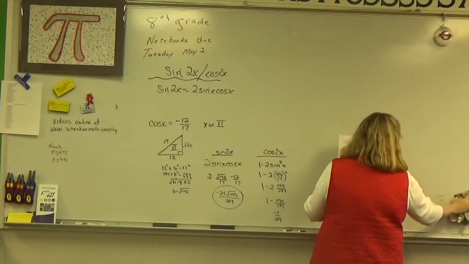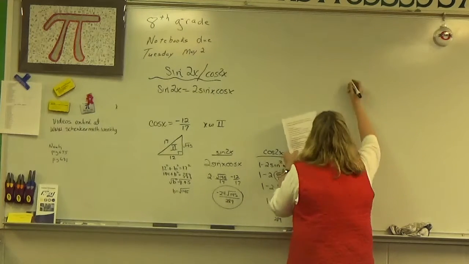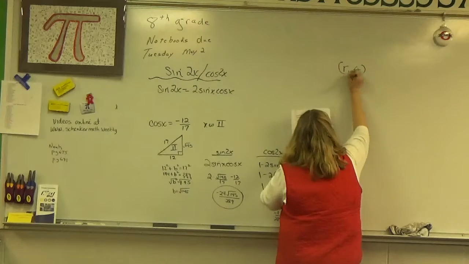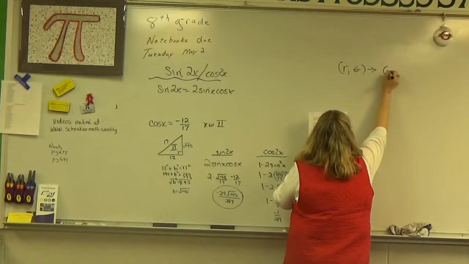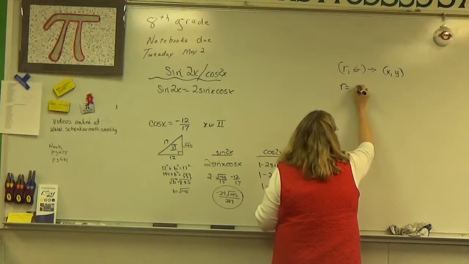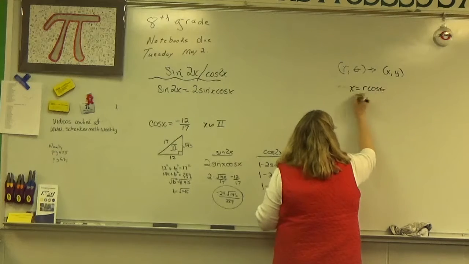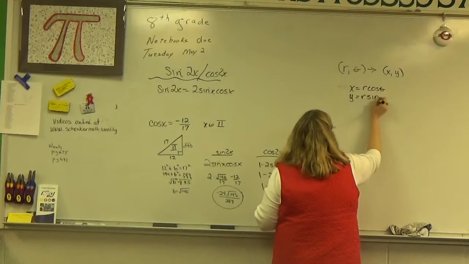One where you're changing polar coordinate to rectangular coordinate. So that's r theta. You want it changed to rectangular coordinate. Well, x equals r cosine of theta, y equals r sine of theta. That's the formula.